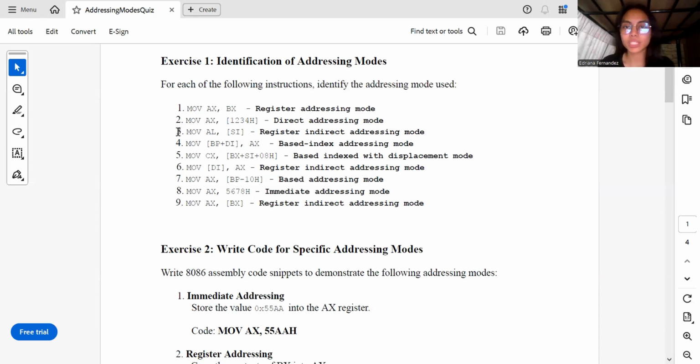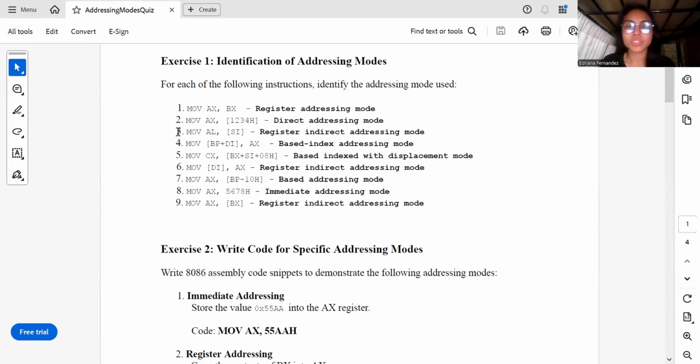Then it is base index with displacement mode. Next, number 6, move the value in the AX register to the memory location pointed to by the DI register. The address is indirectly specified by the DI register, therefore it is register indirect addressing mode.